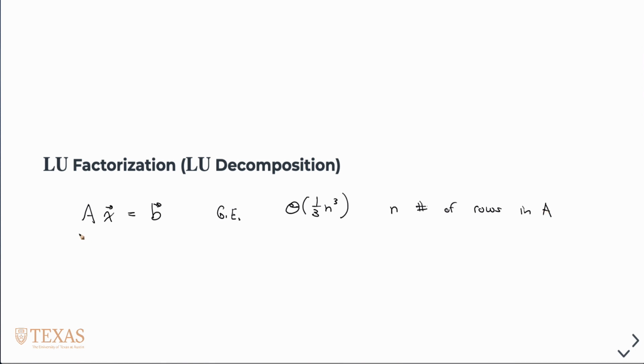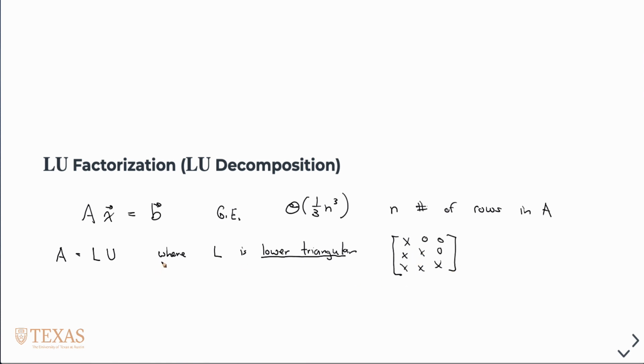Well, if we had a decomposition of A into two matrices, L and U, where L is lower triangular, that means it has a structure where it only has entries on the diagonal and below, and everything above the diagonal is 0.